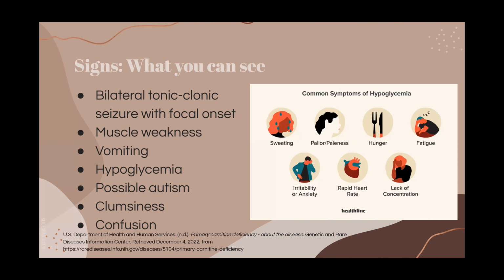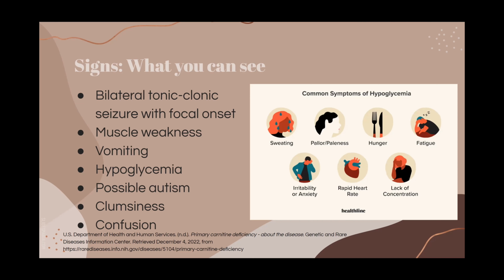Other less concerning signs that you will see with this disorder are muscle weakness, vomiting, hypoglycemia, autism, clumsiness, and confusion. Autism has been linked to carnitine deficiency. However, because of how new it is, it's not always listed as a symptom.